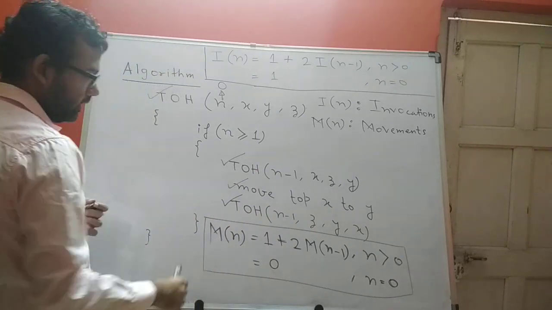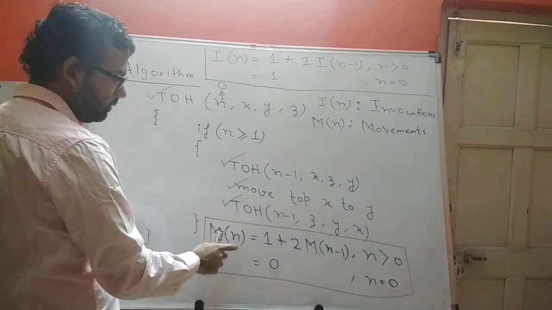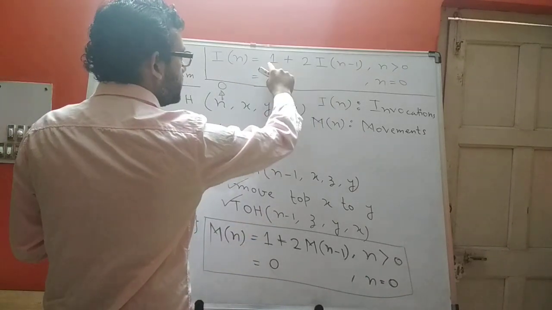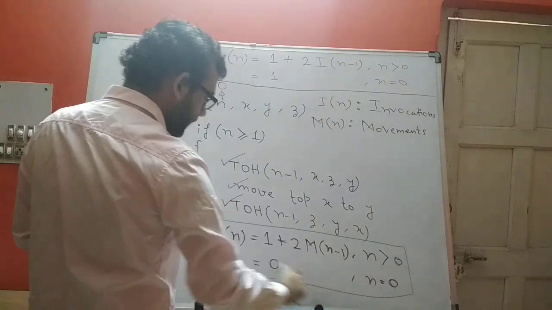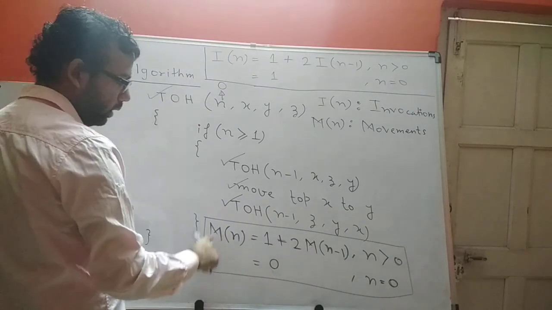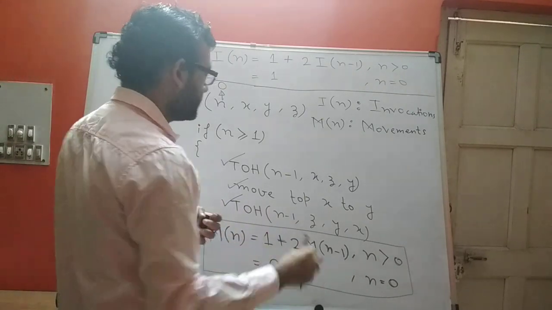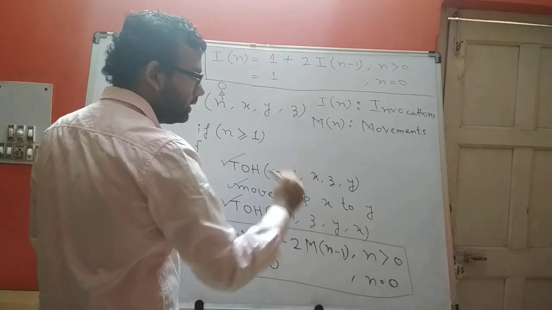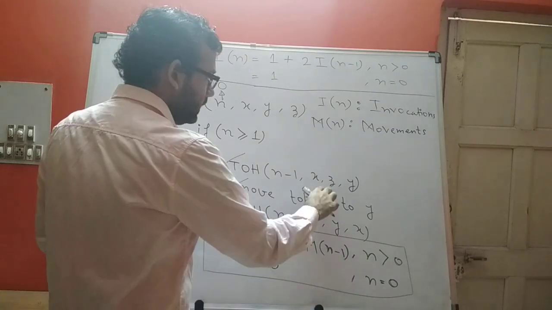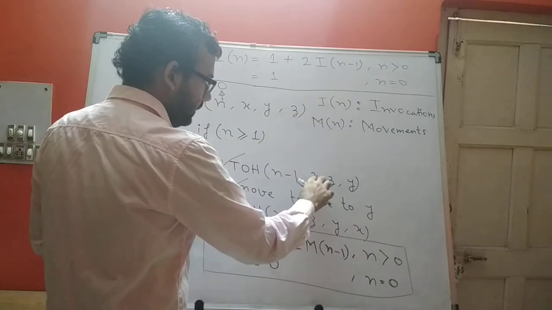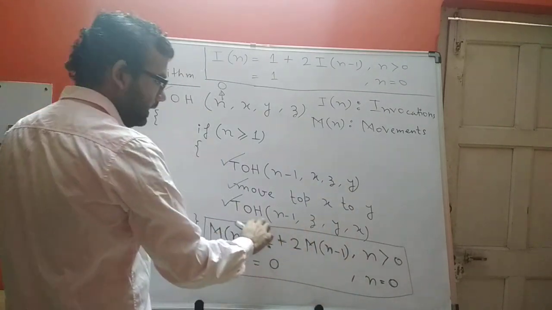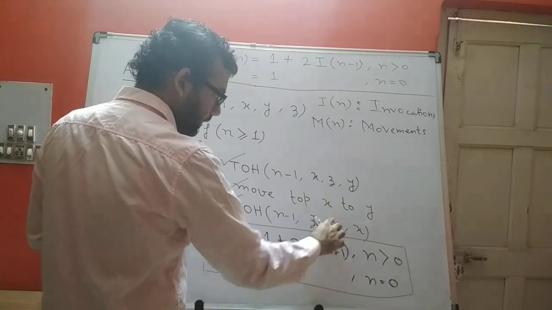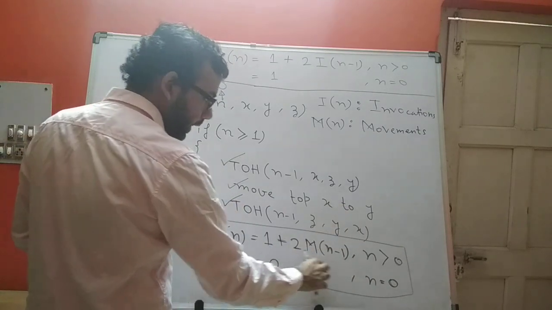And let's look at this recurrence relation now. This is for the number of movements. Now again, just like for the number of invocations, this part is same, right? That means you can treat the problem of the number of movements as considering n minus 1 disks and the number of movements required to move n minus 1 disks from X to Z using Y, and the number of movements required for moving n minus 1 disks from Z to Y using X. So that's why you have 2 here.